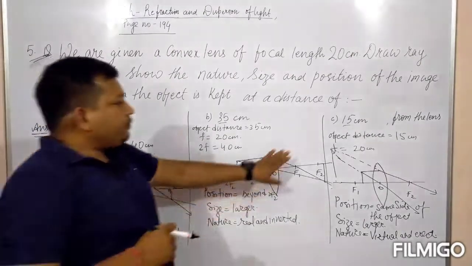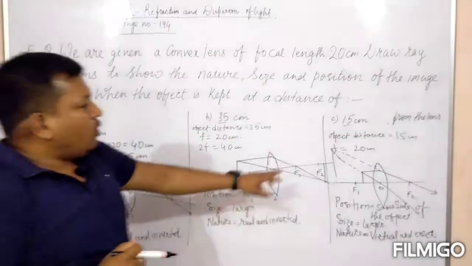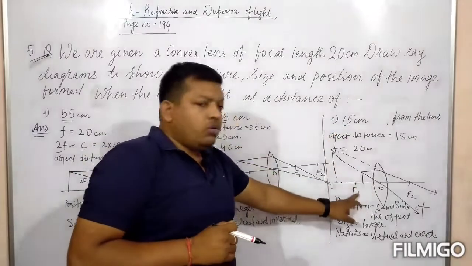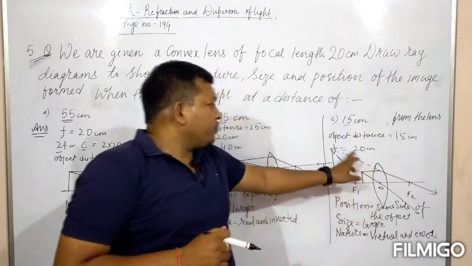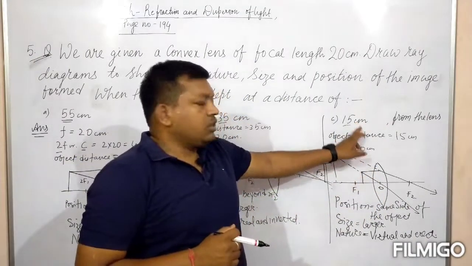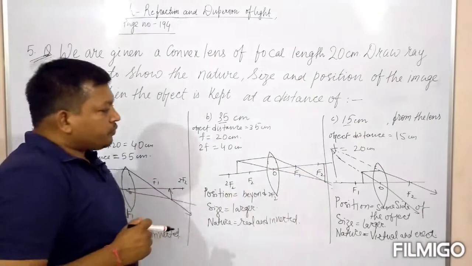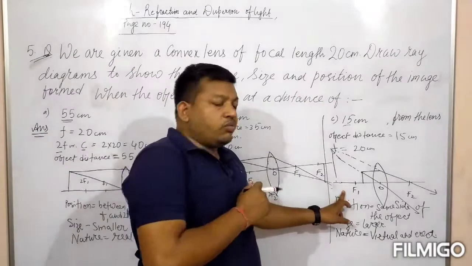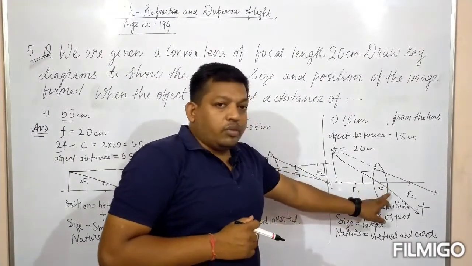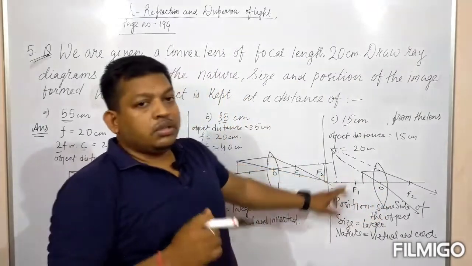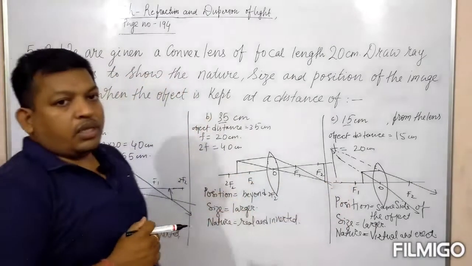In the last case, the object distance is 15 centimeter, which means the object is between F and O. Since the focus is 20 centimeter, the object is between the optical center and the focus. This is the special case of a convex lens: it forms a virtual, erect and larger image.